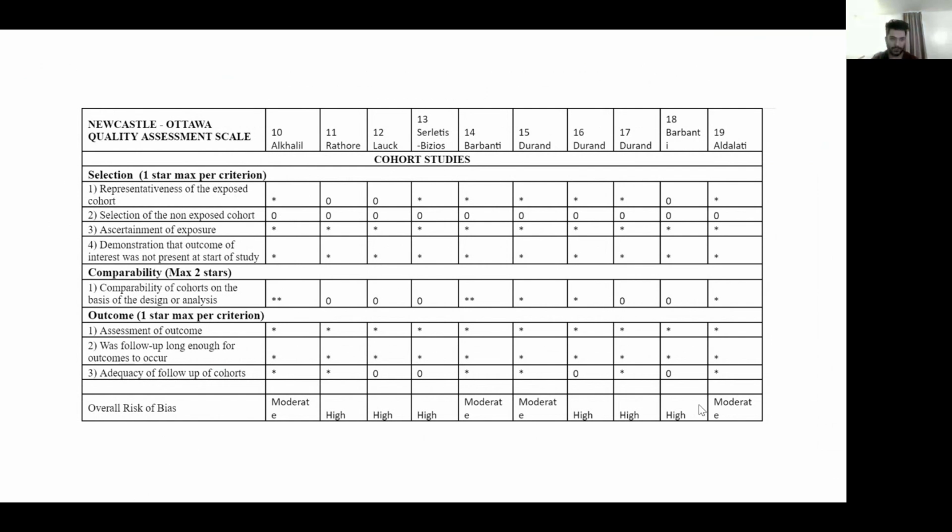To be honest, you wouldn't really give low risk of bias to a lot of studies, because it's not common to see studies get everything right. So pretty much all of them are going to be moderate, if not worse, unfortunately.